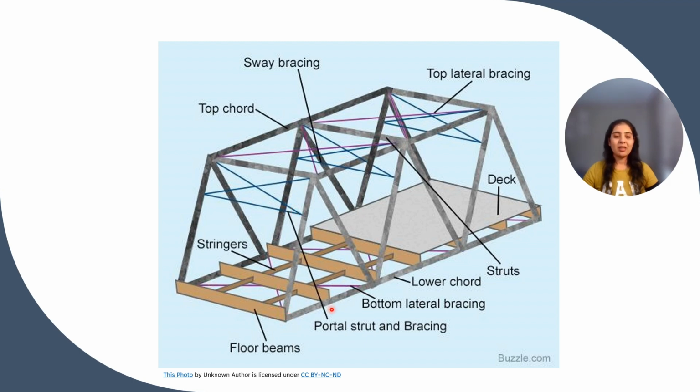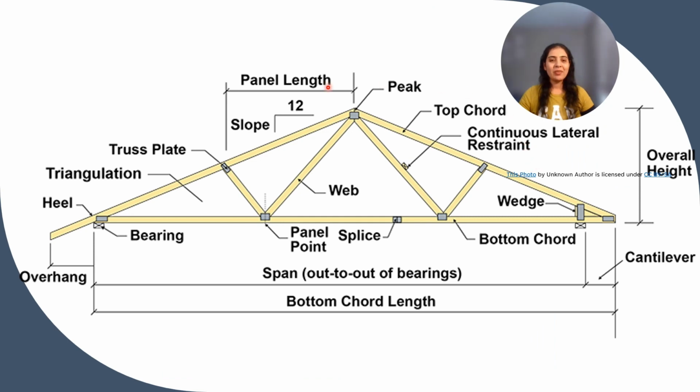Then these are the floor beams. This is the deck, that is the floor on which we walk, and stringer beams. In this figure, you can see these supports are called heel joints, and these joints are called panel points.